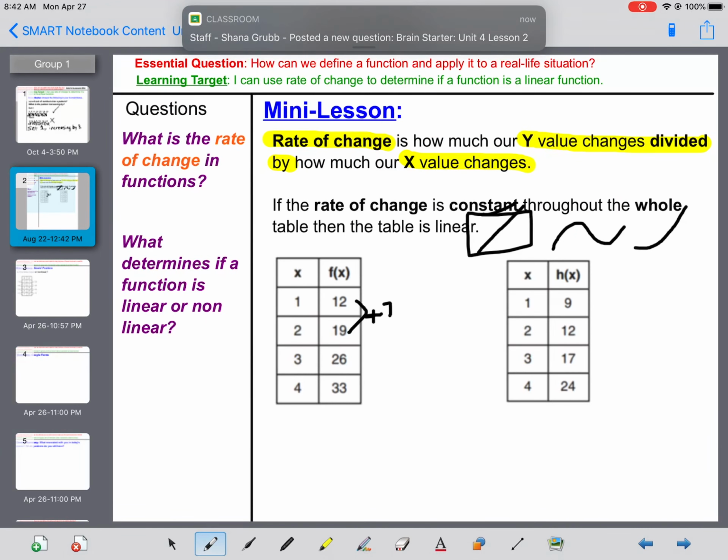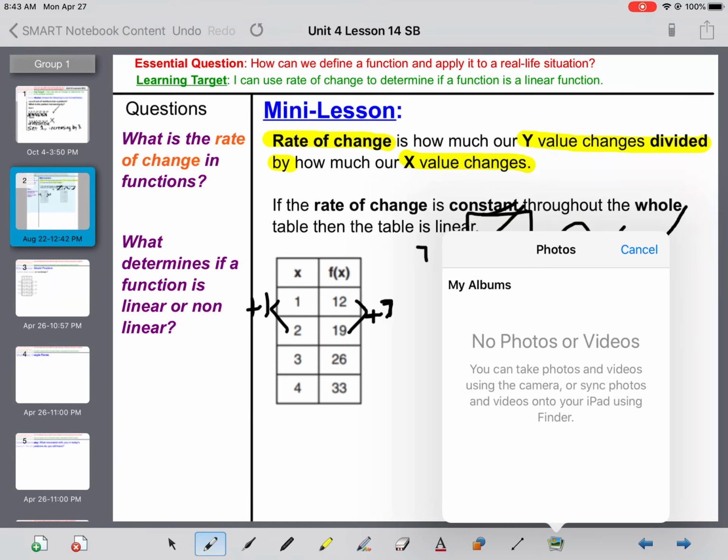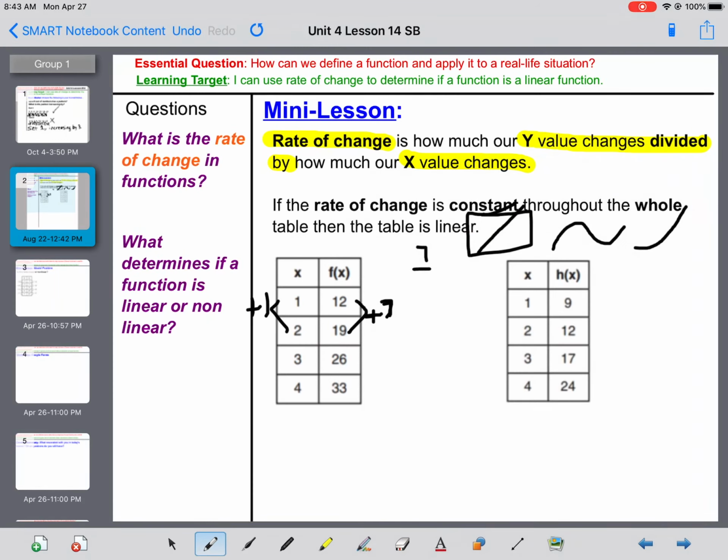So our y value changes by 7, and our x value changes by 1. So we're going to have 7 over 1 equals 7. So far, from our first number to our second number, we have a rate of change of 7.